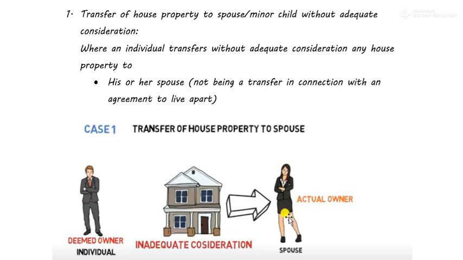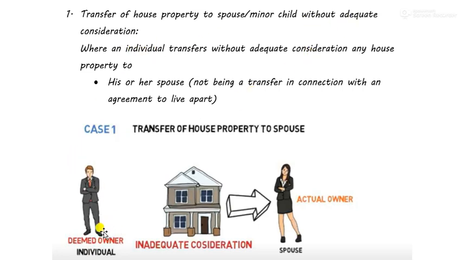Here the legal owner is the wife of Mr. A, right? In the eyes of law, she is the actual owner. However, the tax on income from house property shall be paid by Mr. A. Why? Because he has transferred his house property to his spouse, and that too without any adequate consideration.